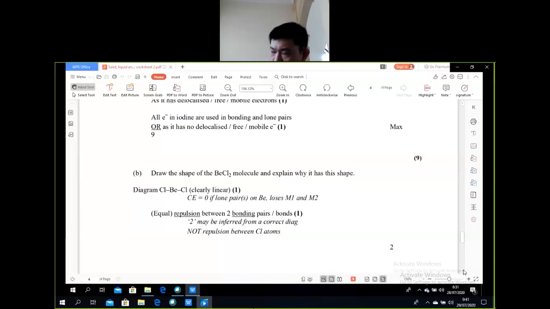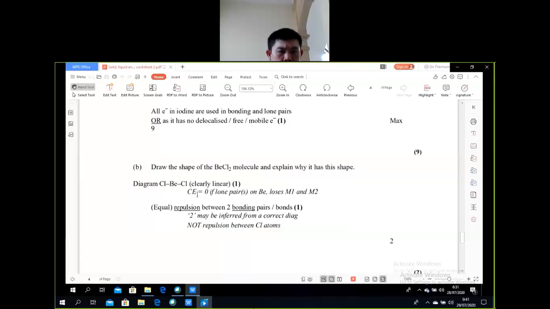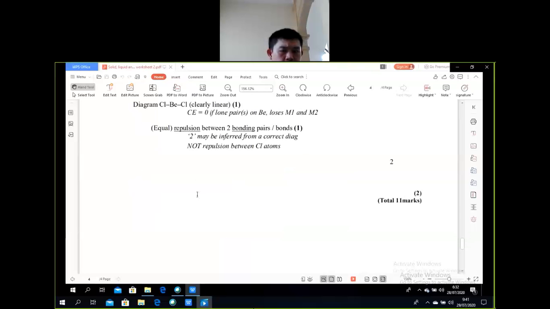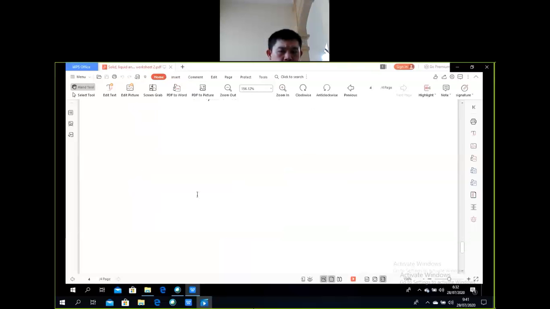So in the diagram, there has to be Be in the center, with the Cl surrounding it. In BeCl2, there are two bond pairs without any lone pairs. If two bond pairs without any lone pairs, then the bond angle is 180 degrees with the shape of linear.